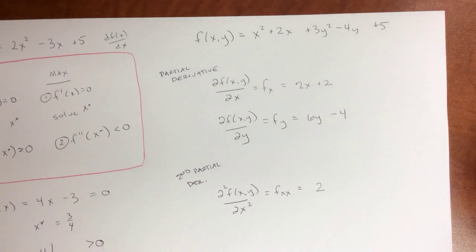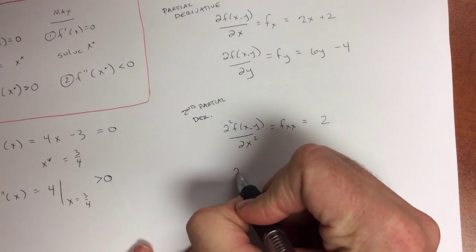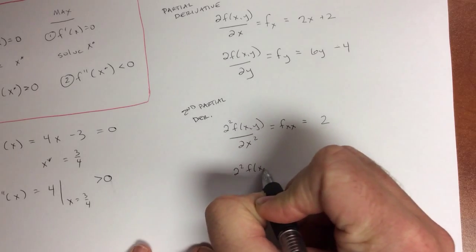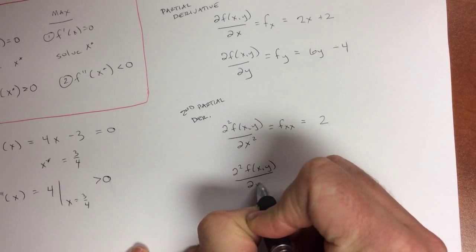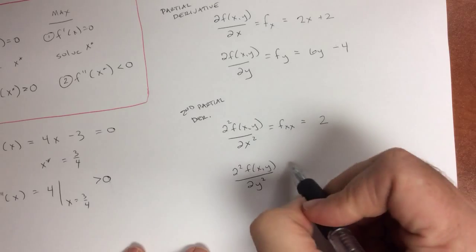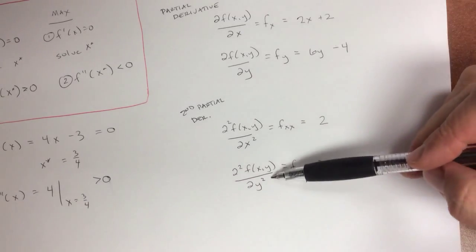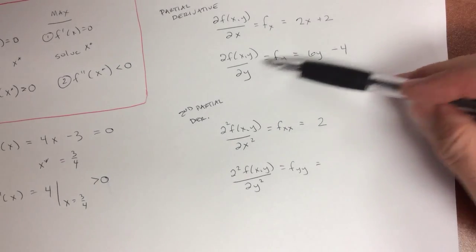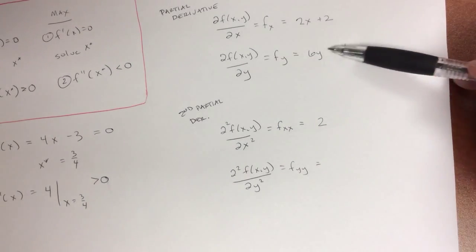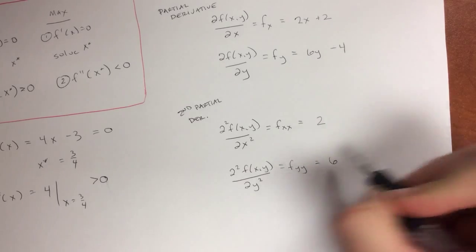So that equals 2. We can also do the second partial derivative of f of xy with respect to y. Well, this is the same as f sub yy. So we take first the derivative with respect to y. We get 6y minus 4, and we take the second derivative of this, which is simply 6.